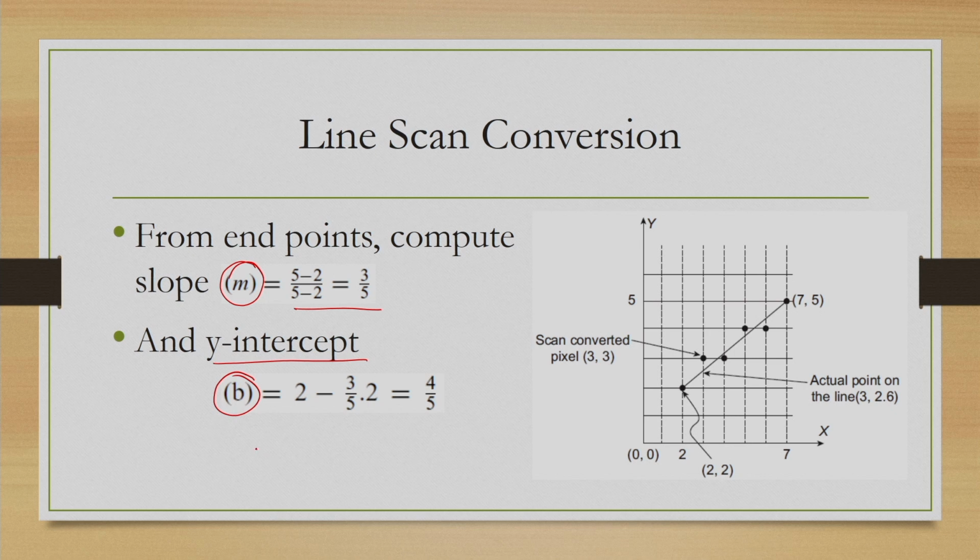We are assuming here that the line is expressed in terms of this equation y equal to mx plus b, where m is the slope and b is the y intercept. Given the two endpoints, we can solve for m and b and find that m is 3/5 and b is 4/5.